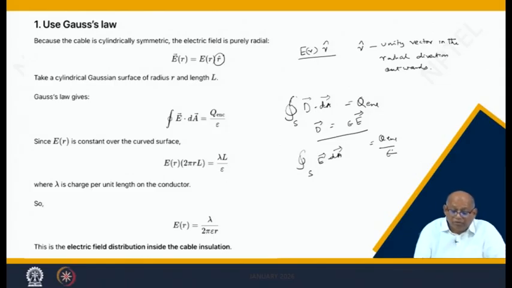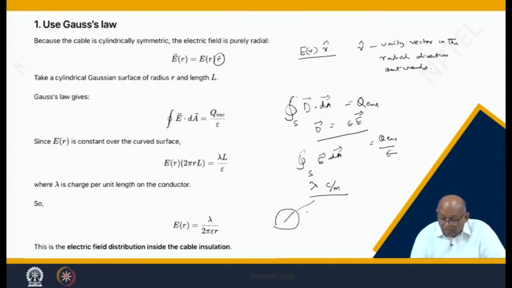So, for this cable, let us say the charge density is lambda coulomb per meter. If you consider a length L, the total surface area is twice pi r into L, because I am considering a length L. So, this is the cable, this is the length L, and this radius is r, any radius r.